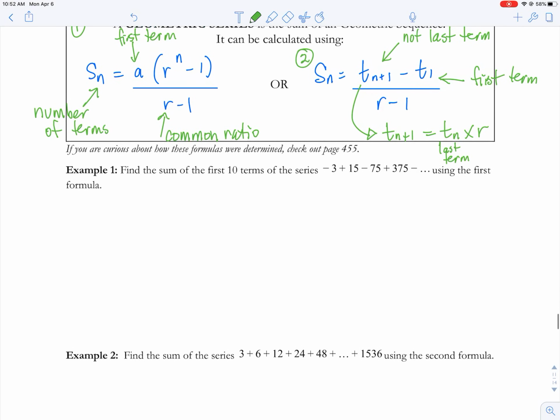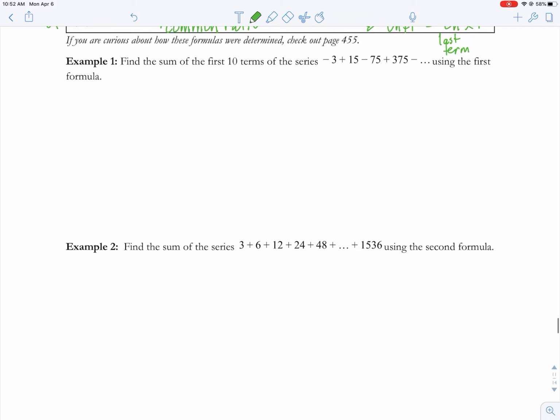In example 1, it asks us to find the sum of the first 10 terms of the series, using the first formula. Well, they've told us which formula to use. Very nice of them. So we're going to be using S of n equals A bracket r to the n minus 1, close bracket, all over r minus 1.